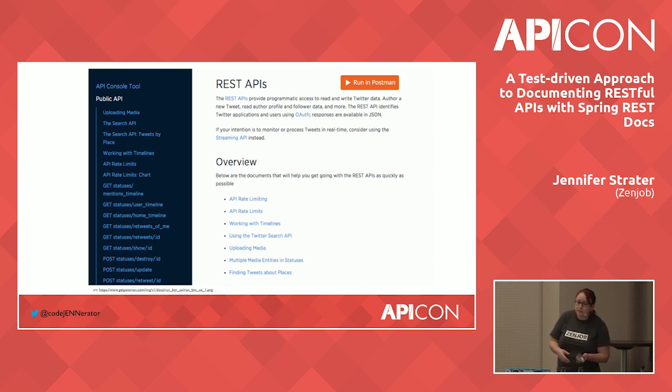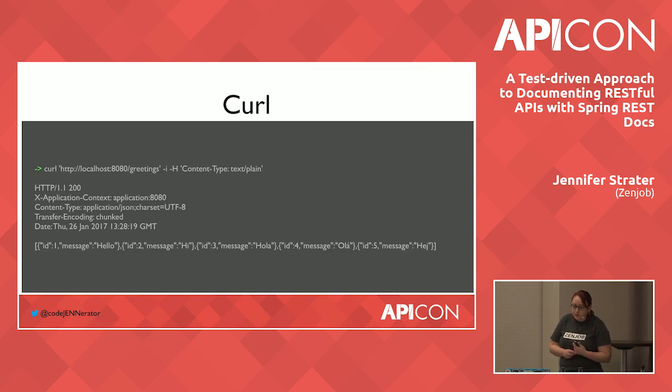If it's a public API, they have this button in the top where you can add to your documentation to say, run this in Postman, and it'll start up any examples that you include as a collection. You can also use old-fashioned curl. And it may be difficult to think, oh, what options do I need to add to get this to run? But with a solution like Spring Rest Docs that can generate your curl statements for you, you don't even have to think about what's there.